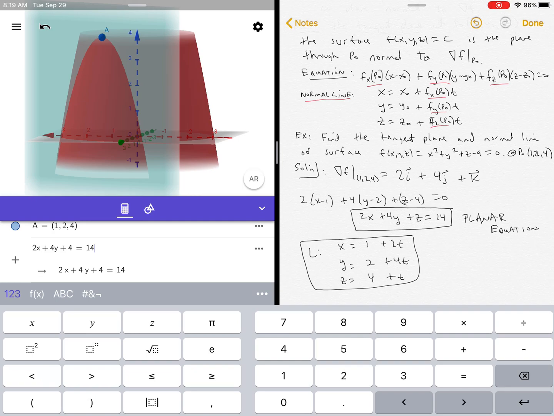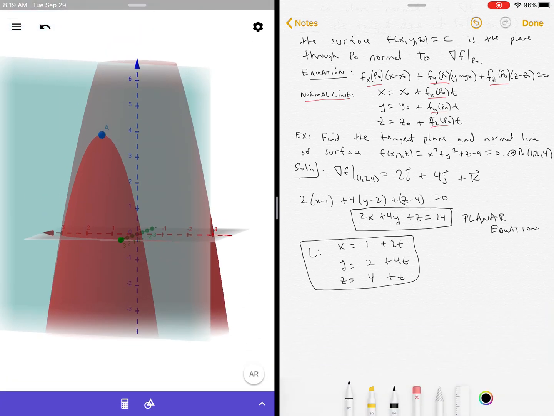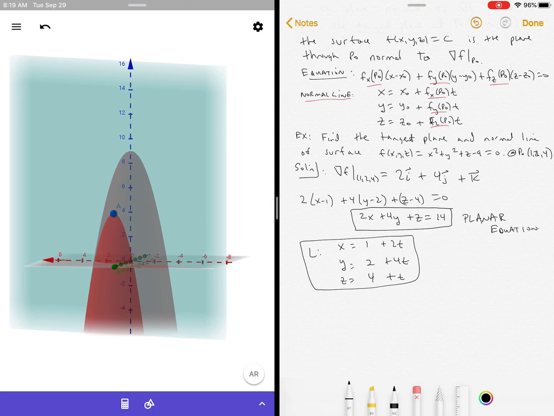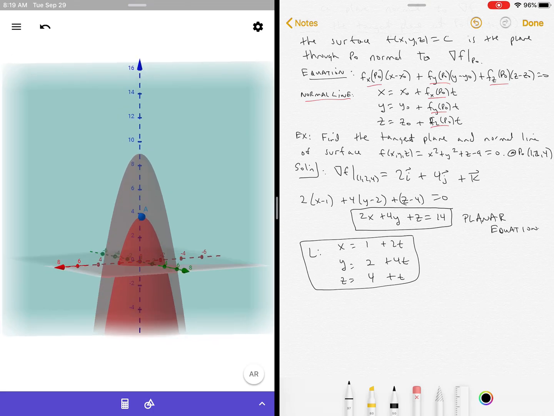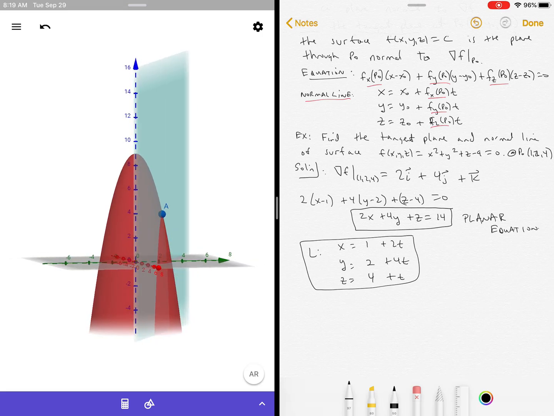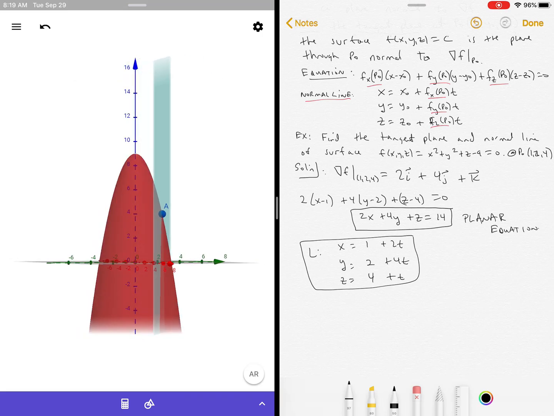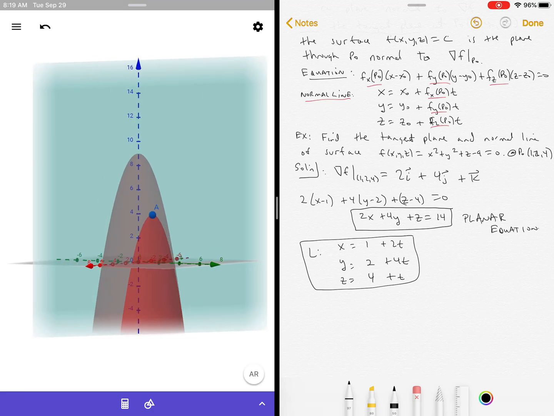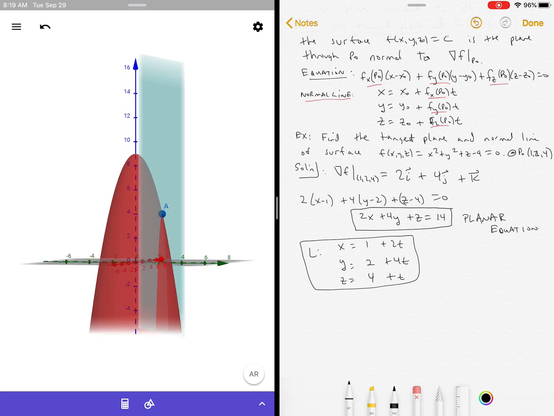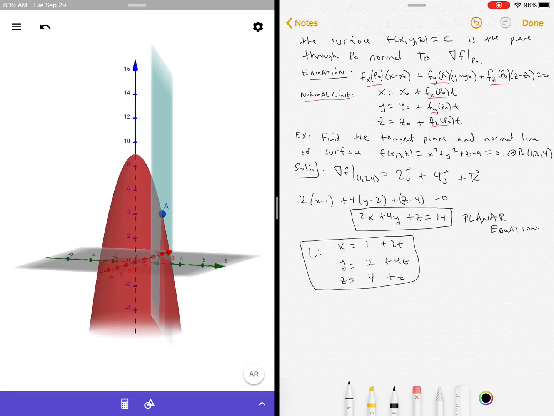All right, I want to get this cleaner than I have it. So let's see here. There we go. Can you get smaller? That's it. Now spinny spin. That sure as hell doesn't look tangent to me.